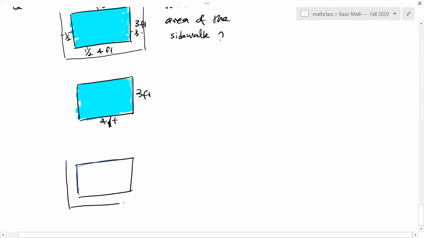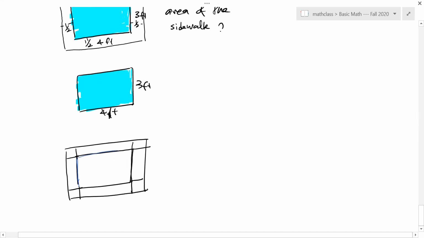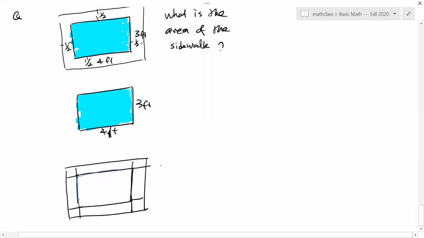For the sidewalk, I divide it into squares and rectangles. There are 4 little squares at the 4 corners. This side is 3, that's 1/2, and that side is 4, also 1/2.